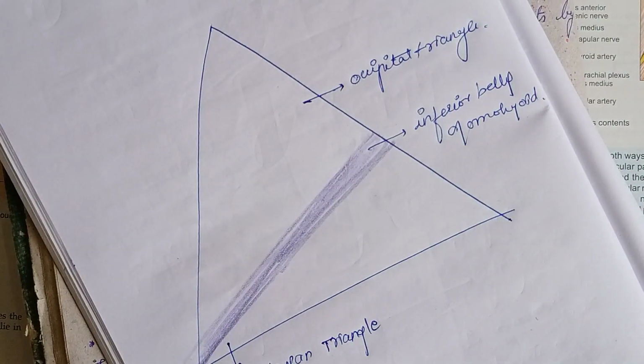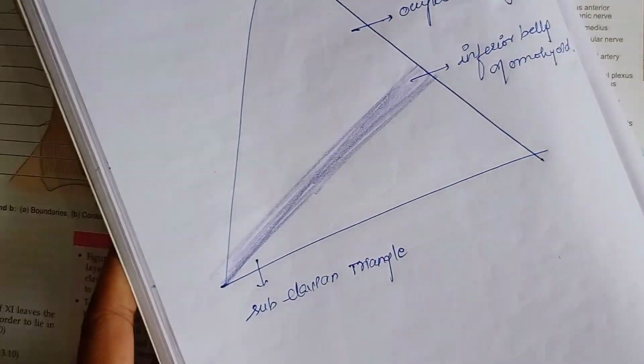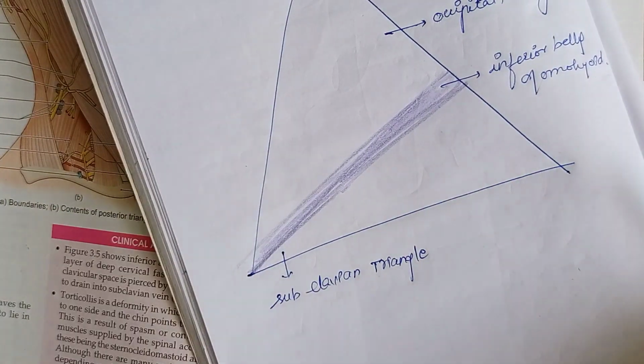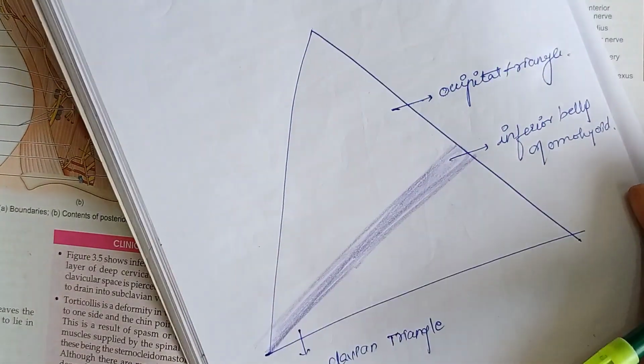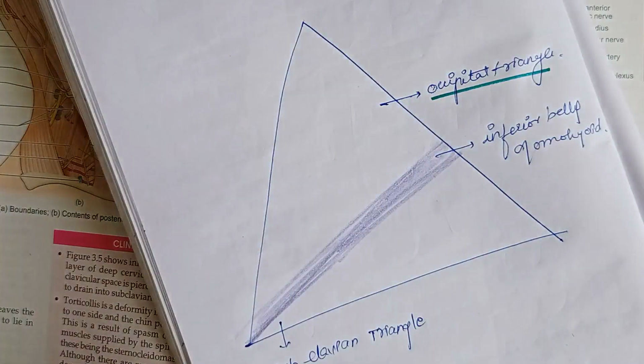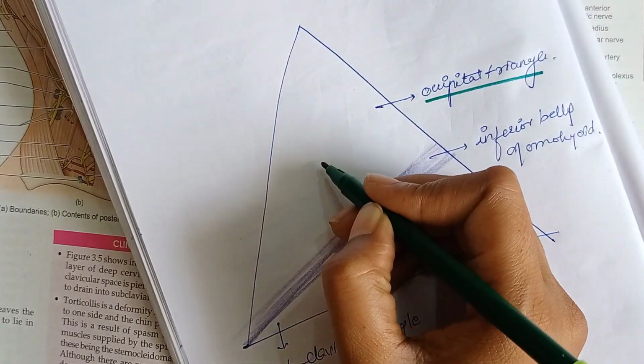Let us see the contents. What are all the contents present in the occipital triangle? Firstly, the spinal accessory nerve, which runs here.